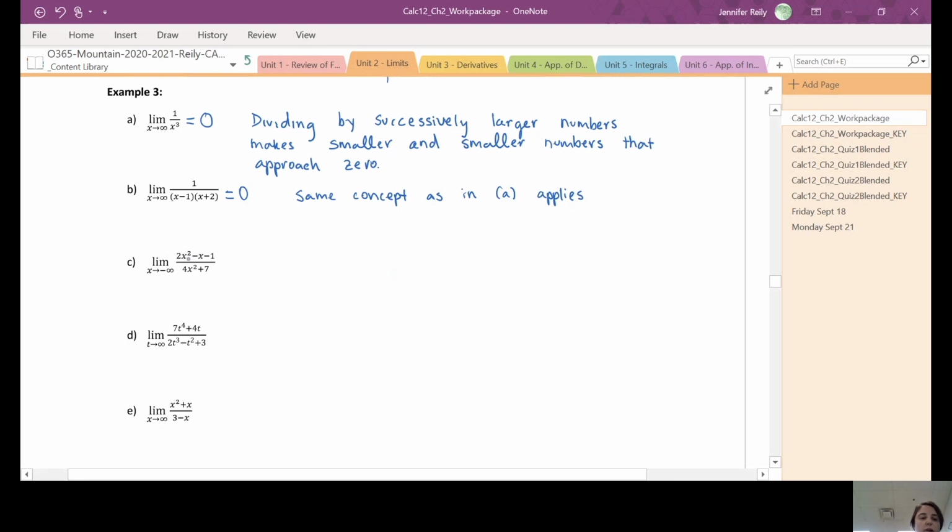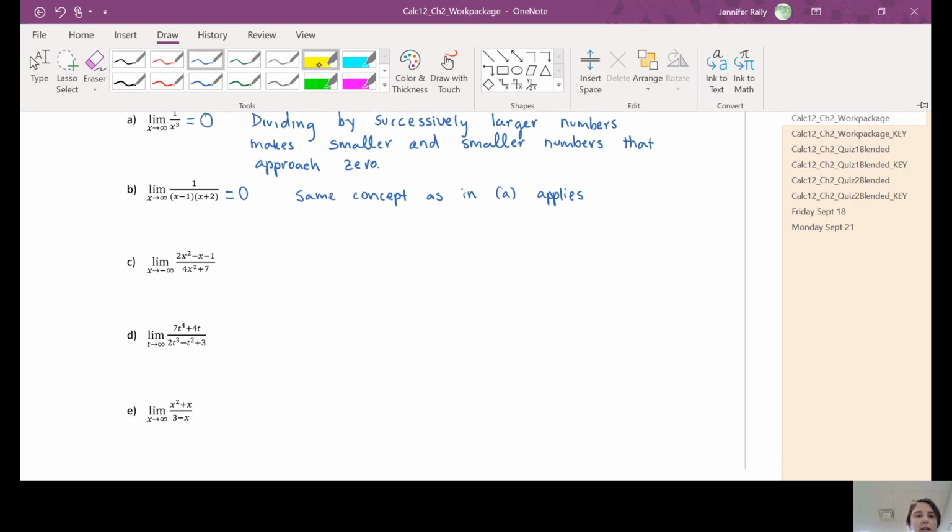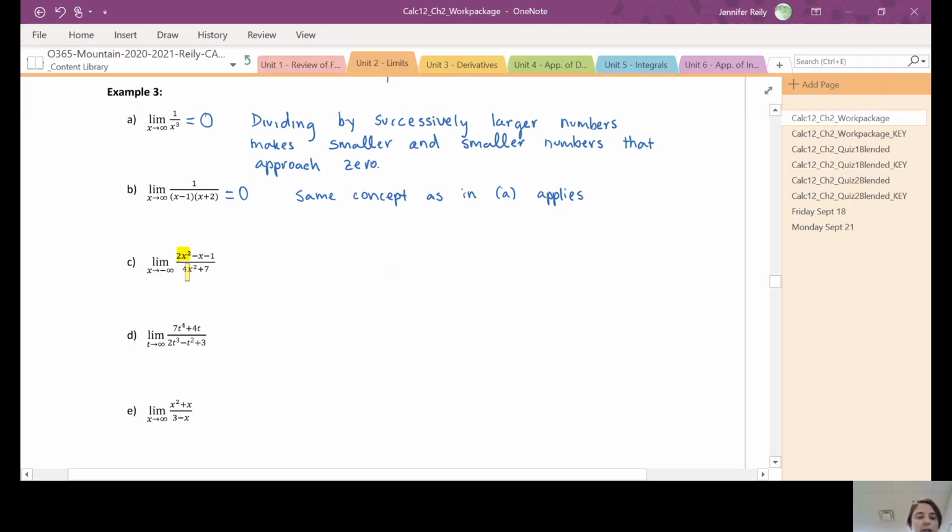Like when you have a large number and you square it, it's going to be much bigger than just the x term or the 1 term. And then same in the denominator, 4x squared is going to be way bigger than positive 7. So when we're looking at the limits, we can just look at the dominant terms. These numbers are going to be much, much, much larger than the other terms in the equation.